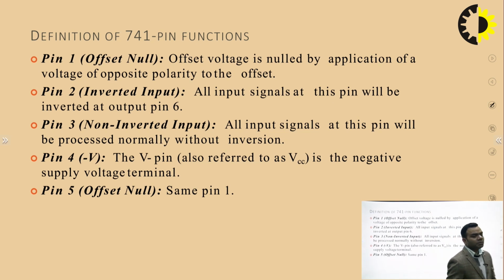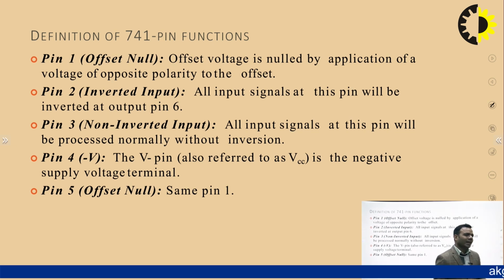This is the detail of the pin numbers. What is the use of various pins? The first pin is the offset null pin. Offset voltage is nulled by the application of a voltage of opposite polarity to the offset. That means whenever you are getting some output at the output terminal even though you are not applying any input, then to null that we use this pin.